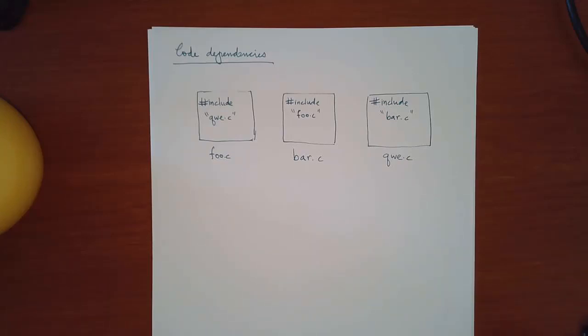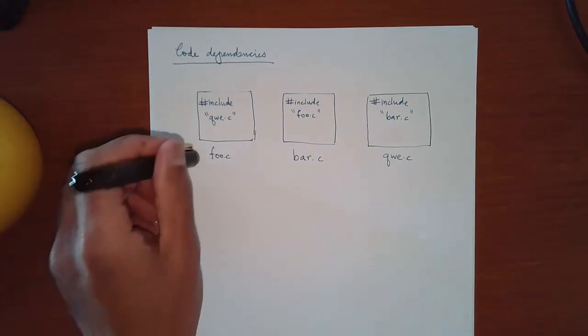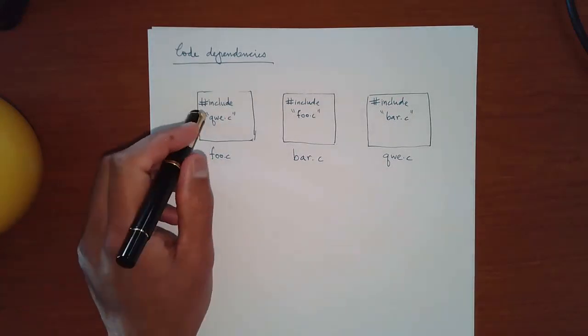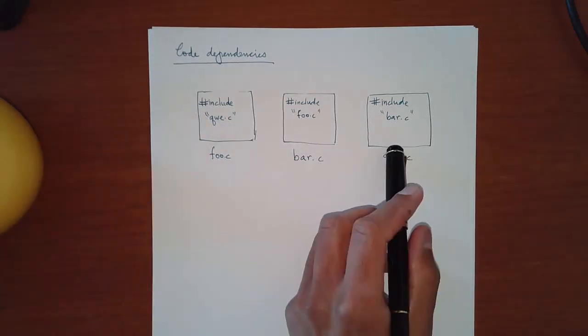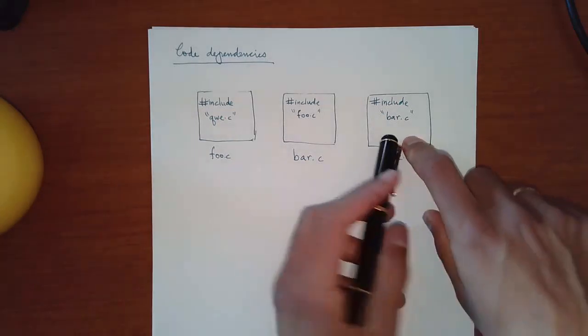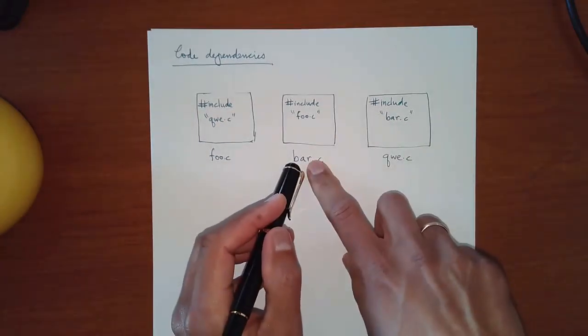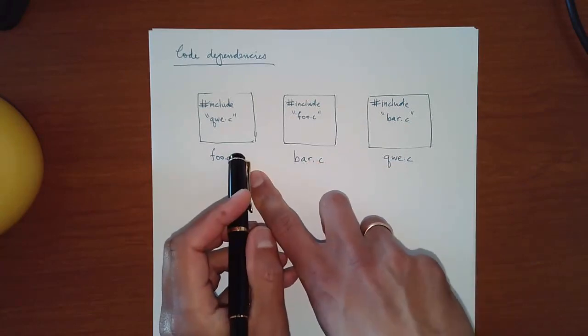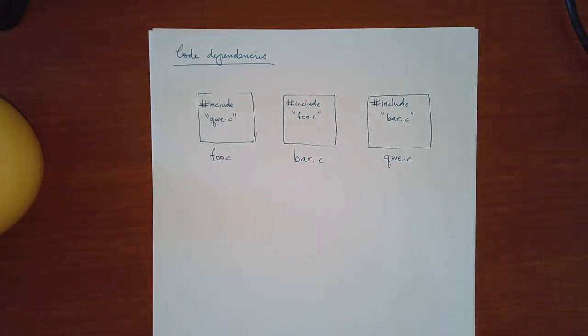As someone put in the chat, this is called a dependency loop. If you want to compile foo.c, you have to include qwe.c. So you go to qwe.c and it says include bar.c. Okay, go to bar.c and include that. Then this says include foo.c. So you actually cannot compile this code.